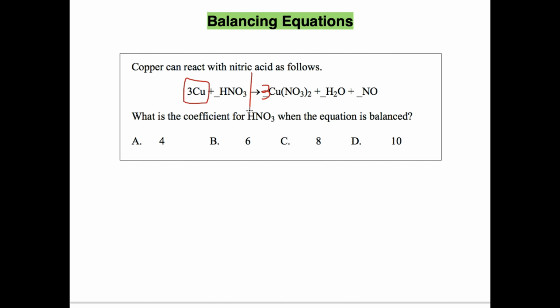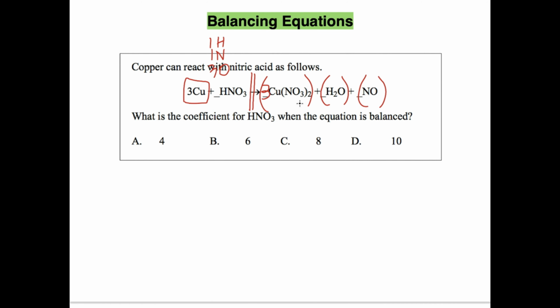First, I'm going to split this into reactants and products, and I'm going to see how many of each atom are on each side. So on the reactants, there is 1 hydrogen atom, there is 1 nitrogen atom, and there are 3 oxygen atoms. On the right-hand side, I'm going to look at each species, and then I'm going to add it up at the end.